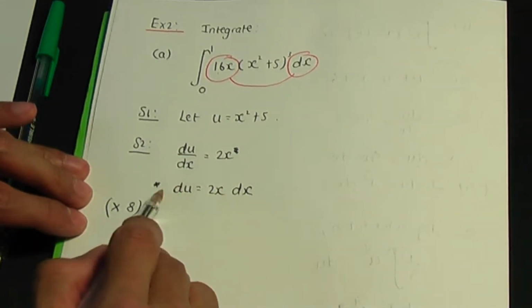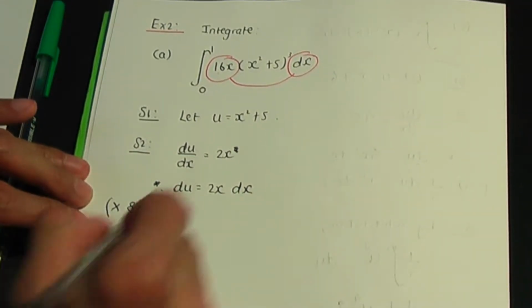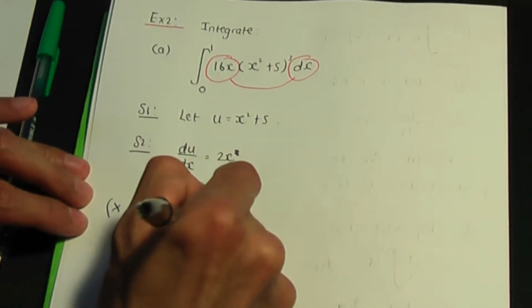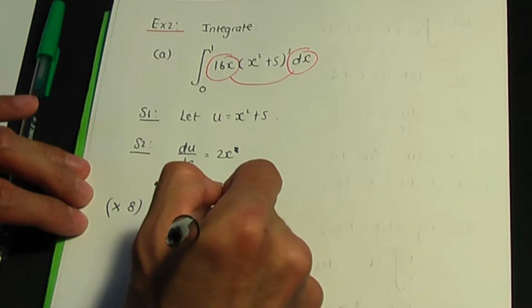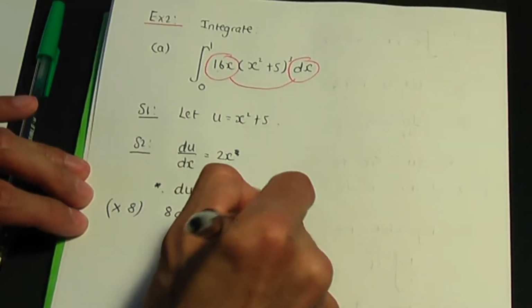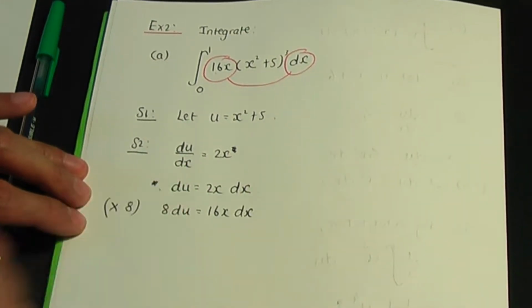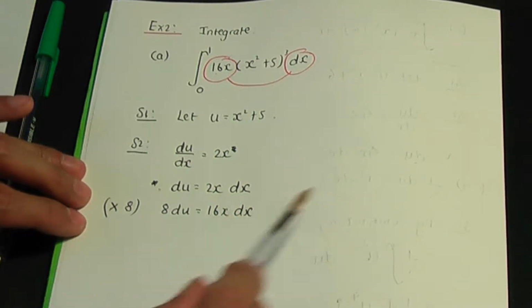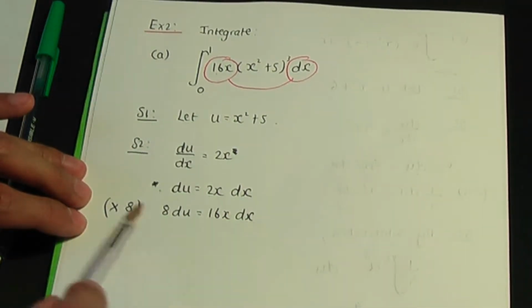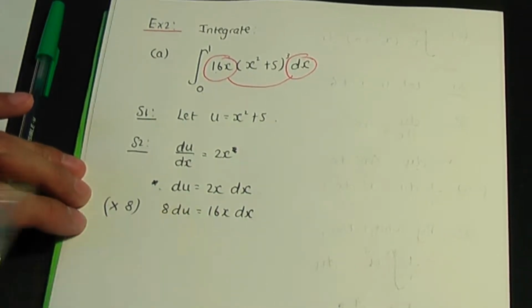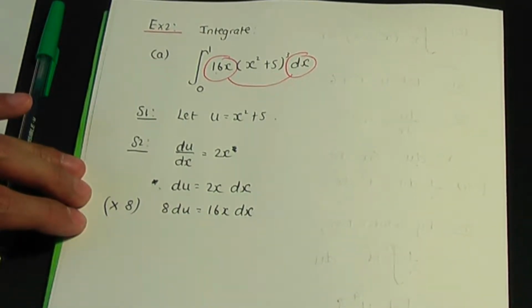So if I multiply throughout by 8, I'll have 8 du, that is equal to 8 times 2x dx, that is 16x dx. So 16x dx is going to be replaced by an 8 du in our new integral.